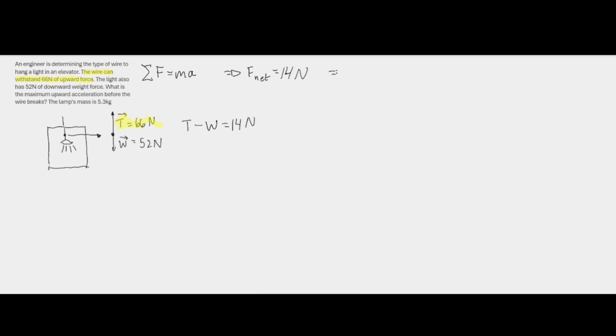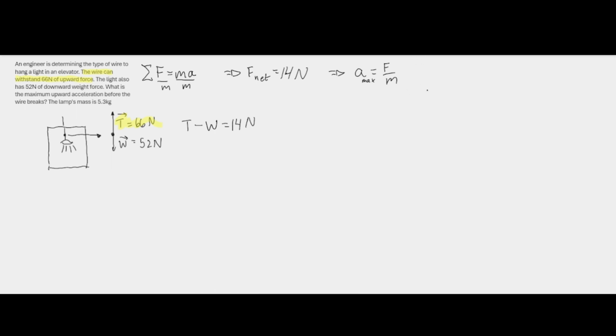So Newton's second law then becomes, if I divide both sides by mass, acceleration is equal to the force divided by the mass. And this acceleration is indeed the maximum acceleration, because it's taking into account the maximum upward force that this light can experience before the wire snaps.